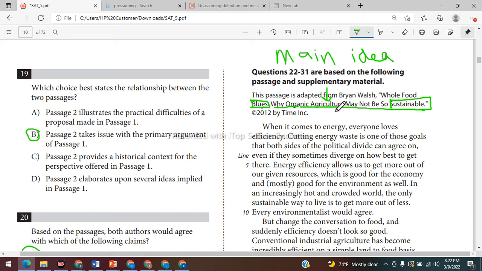No problem. But the main idea is basically that, hey, when we use conventional farming, and when we say conventional farming, that's with fertilizers, with synthetic stuff, artificial stuff.